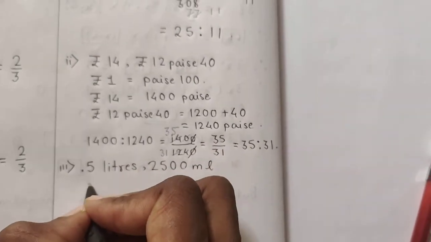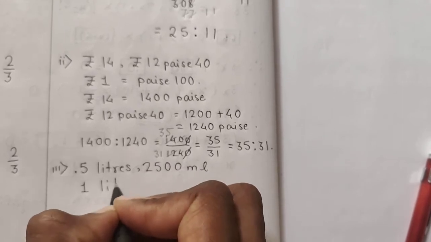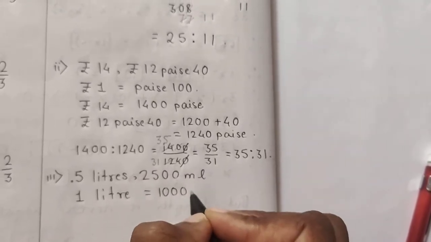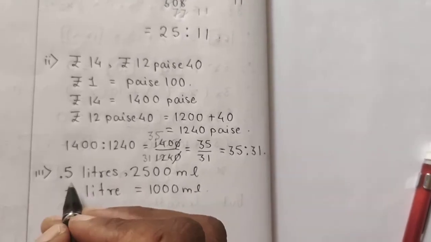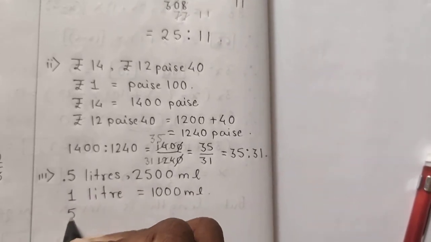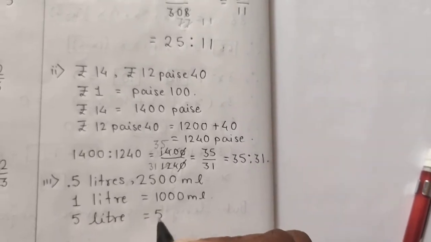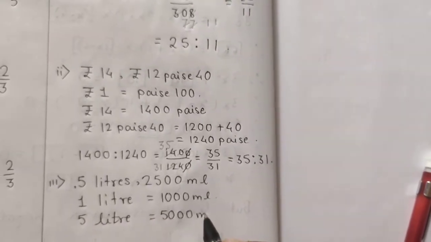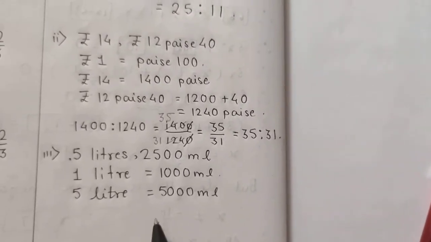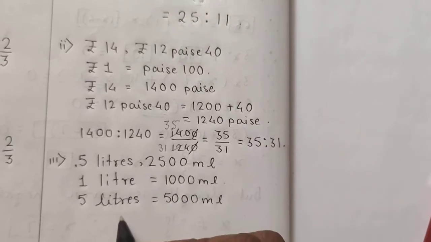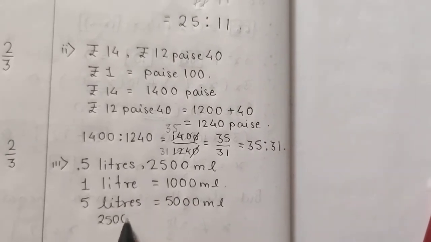And for this you all know that 1 liter is what? 1000 ml. Right? Since 1 liter is 1000 ml, that means 5 liters will be how much? 5000, because 5 into 1000. So 5 liters gives you 5000 ml, and already your second quantity is in ml, that is 2500 ml.